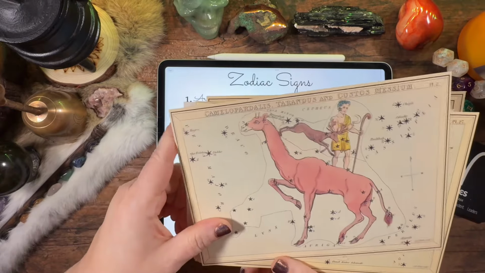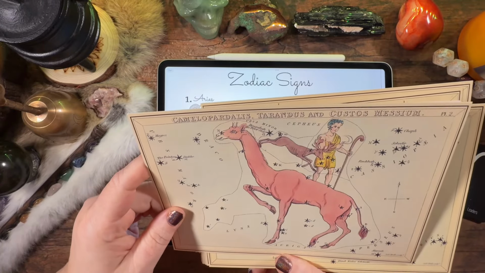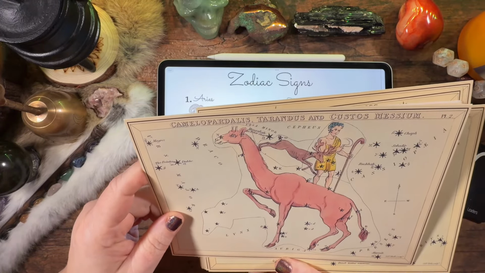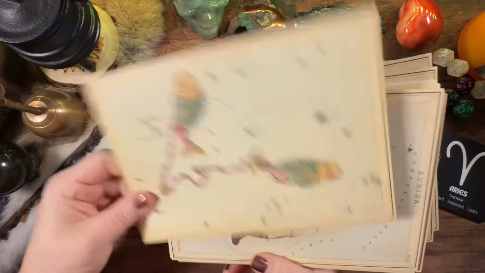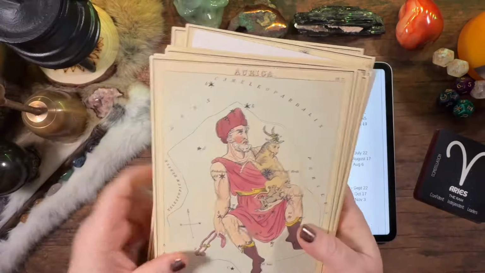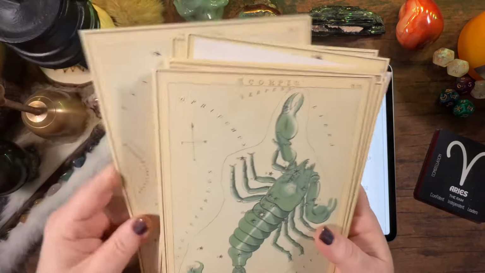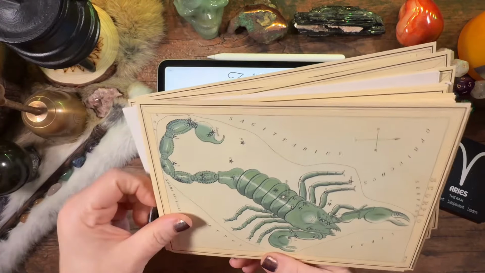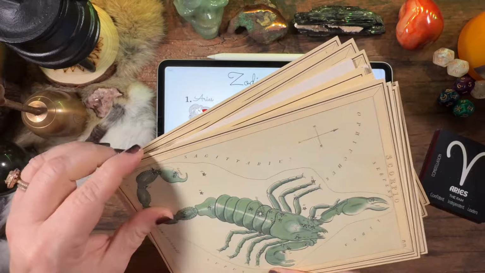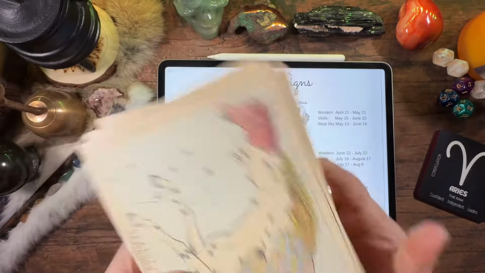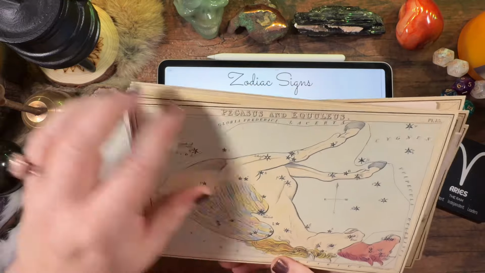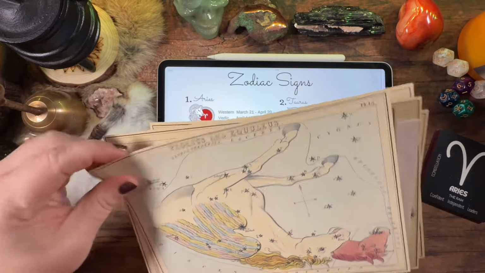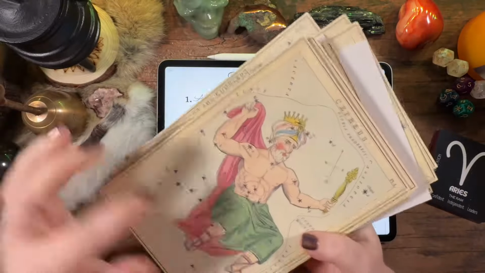And this one is Camelopardalis. There's Pisces. There's Auriga. Or Scorpio. Or, yeah, Scorpio. Is that Pegasus? Yeah, Pegasus.